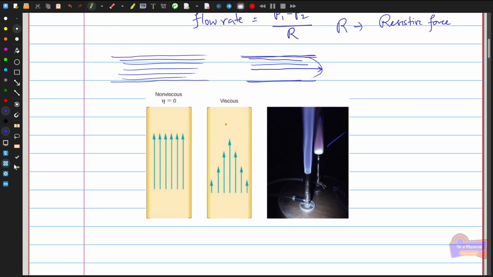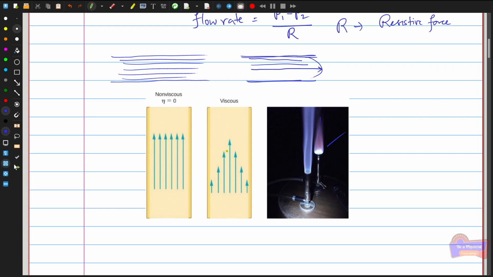Suppose you consider a viscous fluid moving in the capillary tube. The velocity is maximum at the midpoint of the capillary tube, and as you move away from the midpoint, towards the sides of the tube, the velocity decreases. So you can easily find the velocity in the capillary tube.